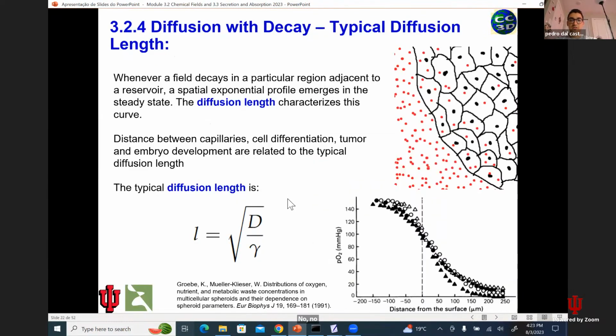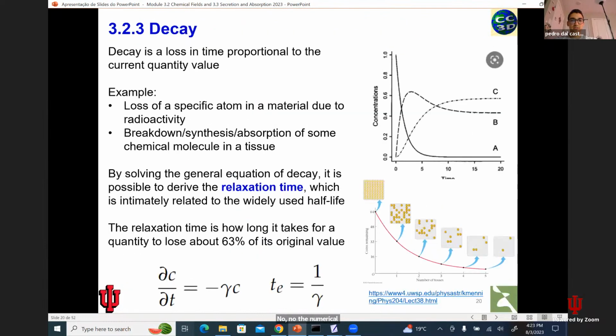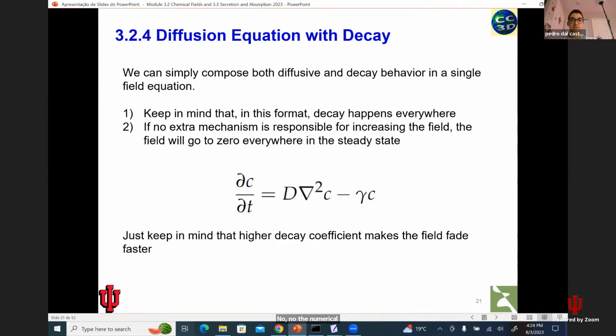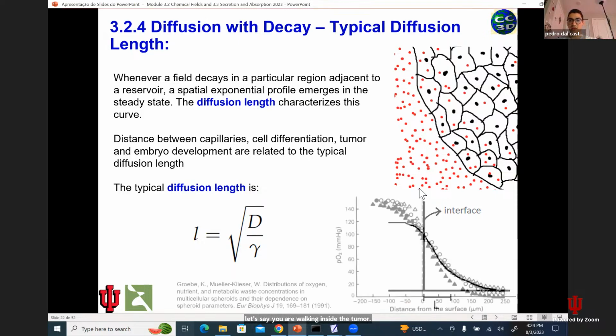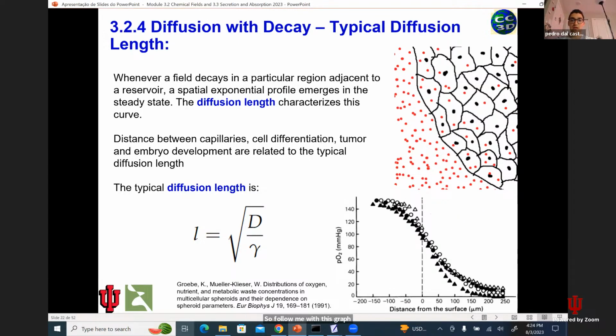The numerical interpretation is how far you must go to lose your field by 63%. So it's like a half-life, but in terms of space. Let's say you are walking inside the tumor. Follow me with this graph here. This is an experimental result.